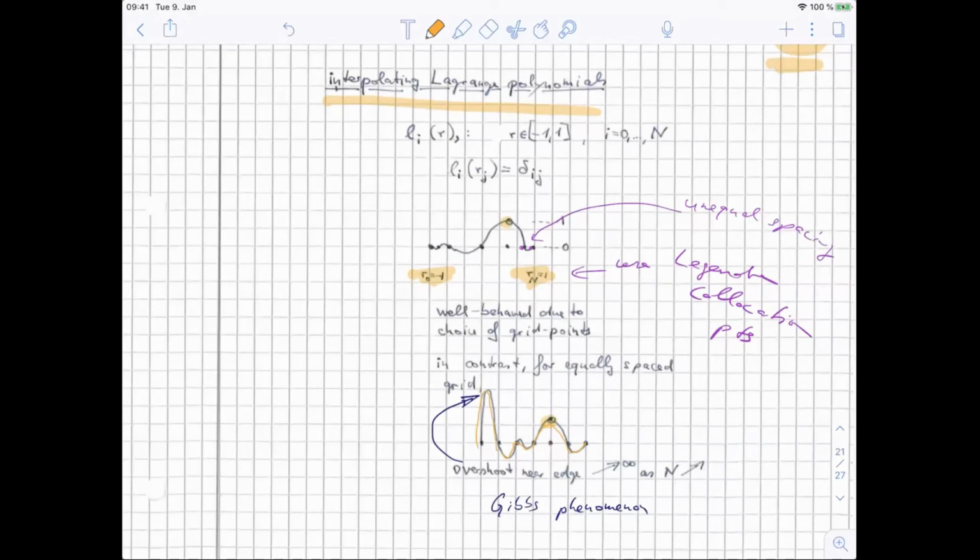And this overshoot becomes larger as the order increases. This is the Gibbs phenomenon, yet again. Equally spaced grid points are bad near boundaries, and the Legendre collocation points fix that.